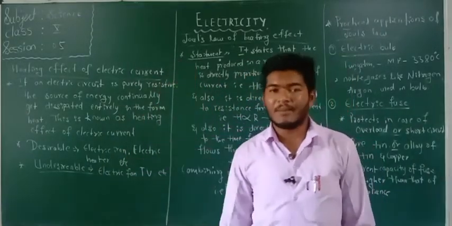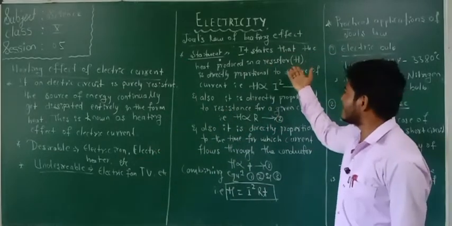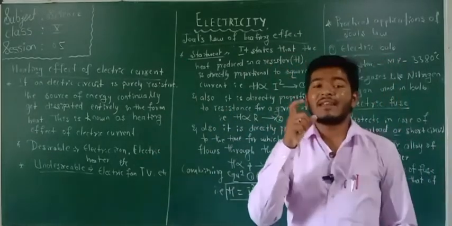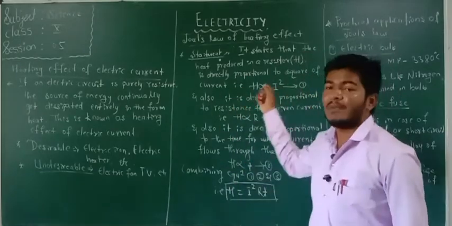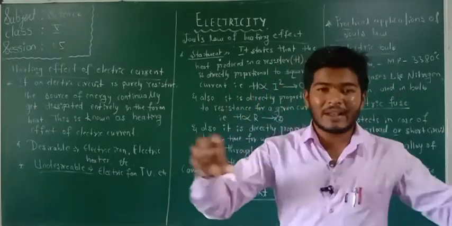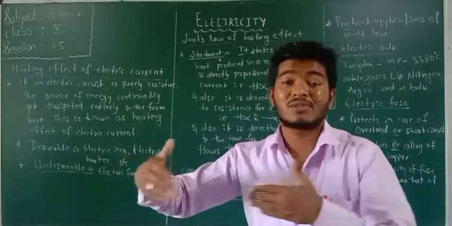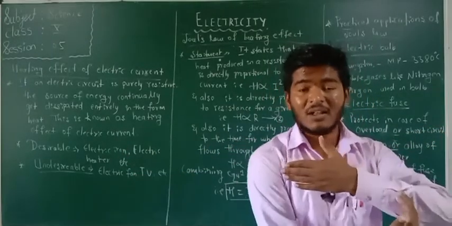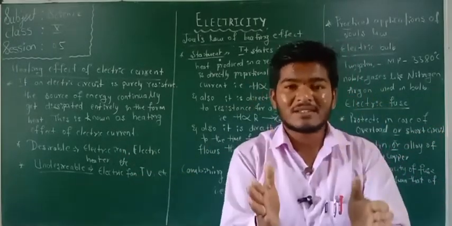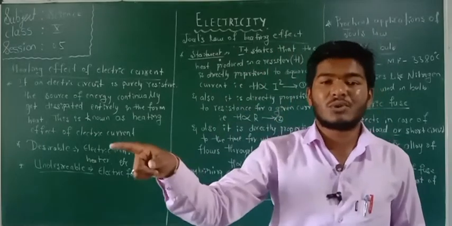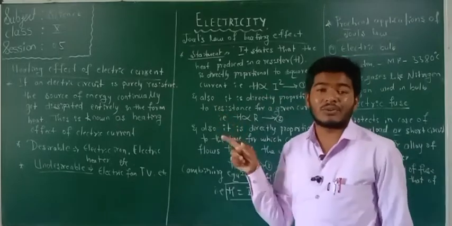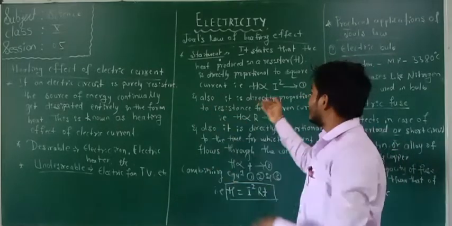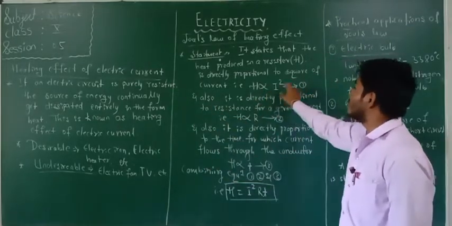State Joule's law. What does it state? It states that the heat produced in a conductor or a resistor is directly proportional to the square of the current flowing through the conductor or the resistor. That is, H is directly proportional to I square.